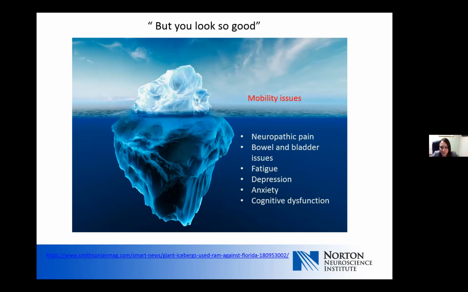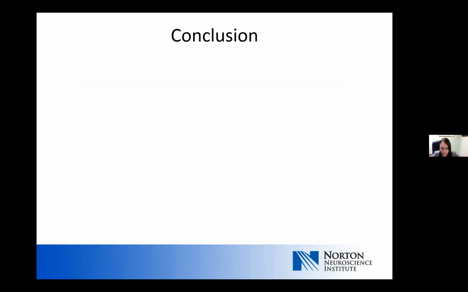And treating these symptoms and paying attention to these symptoms, especially things like mood, fatigue, and cognitive dysfunction, are really, really important. And I try to talk to my patients about that as much as I can, and try to treat those symptoms. So in conclusion, today we talked about what a typical MS patient looks like and some of the atypical features.